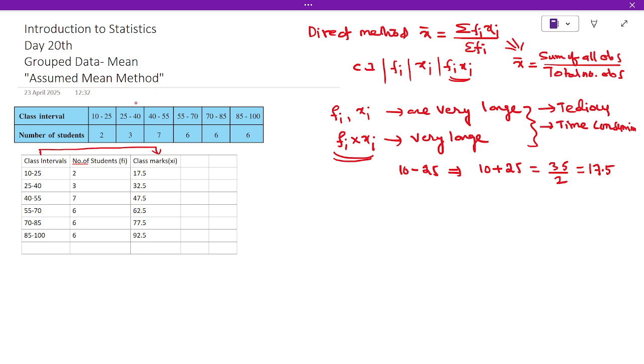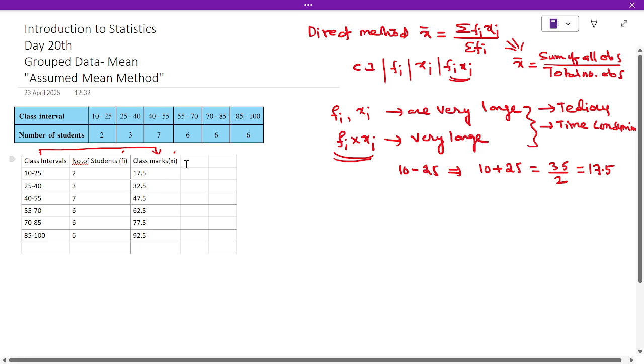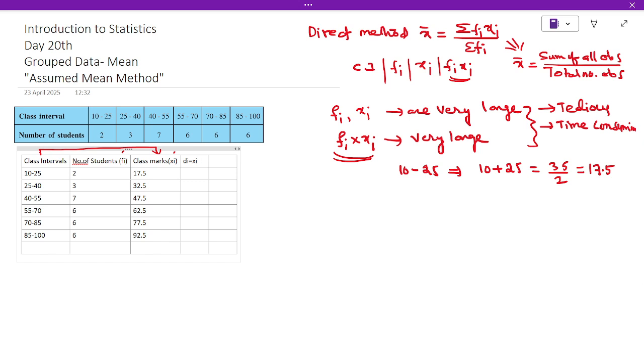So now instead of taking the product of fi and xi, what am I going to introduce? I am going to introduce one number called deviation. So that is di I am denoting. That is nothing but, I am taking the xi, that is my observation, and then I am taking one assumed mean as a.